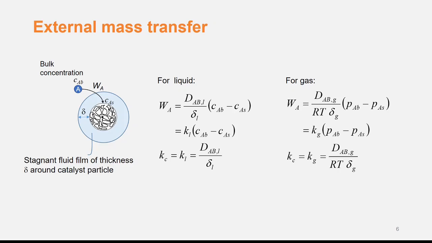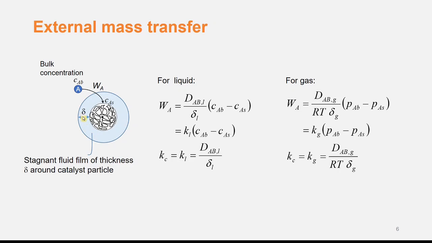To work out the rate of mass transport from the bulk to the catalyst surface, or the other way around, we usually use stagnant film theory, which says that there is a stagnant film around the surface of the catalyst and that all resistance to mass transport is in the film.